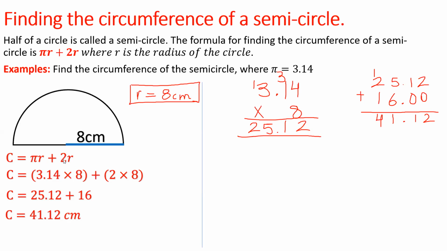Plus what is 2 times r? R is 8, so it's 2 times 8, which is? 16. Good. And 25.12 plus 16 is what? 41.12 centimeters. You think you get it now? Yes, sir. Thank you. Okay, good.